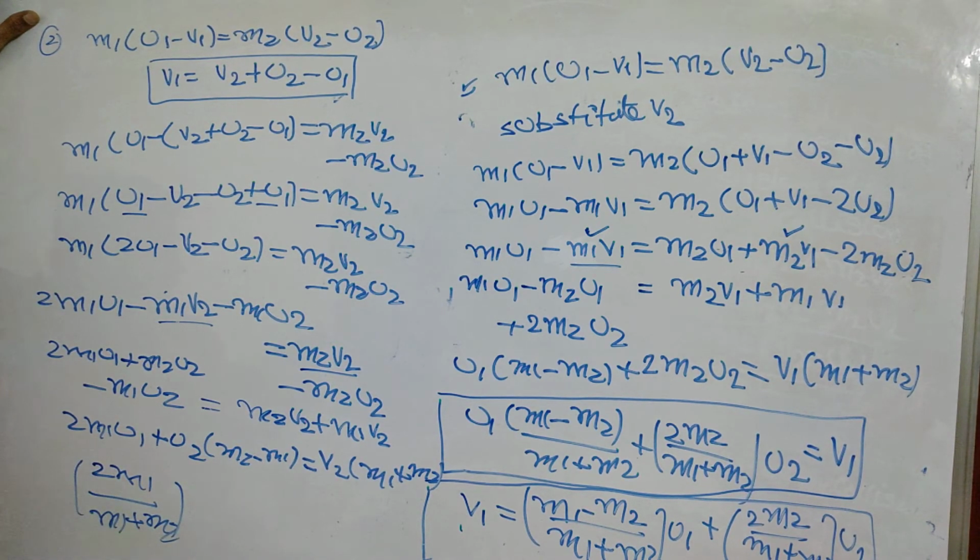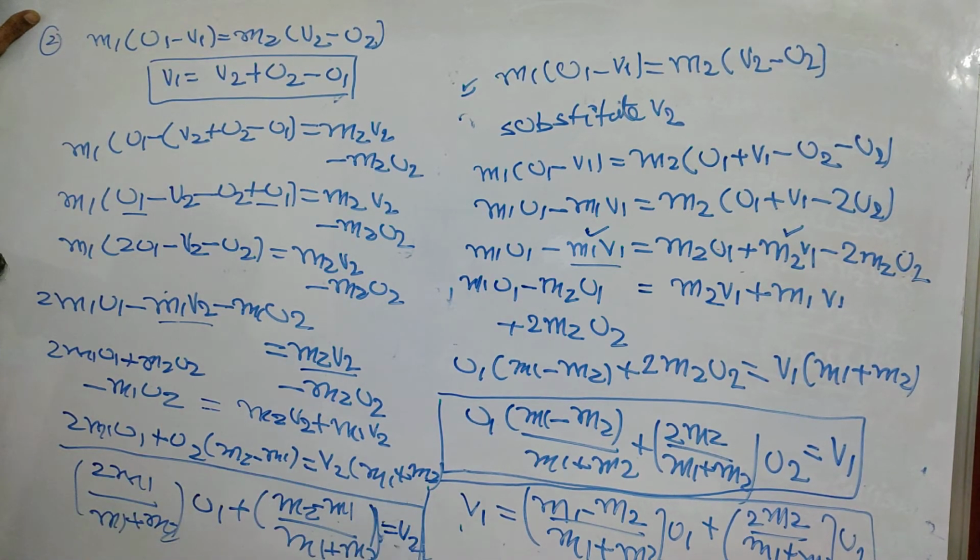Is it visible? 2m1 by m1 plus m2 into u1 plus m2 minus m1 by m1 plus m2 into the right side value, v2. This is the value we got after simplifying the result.